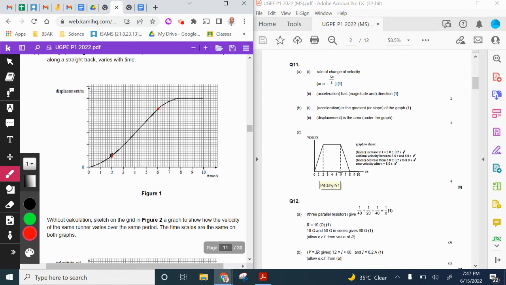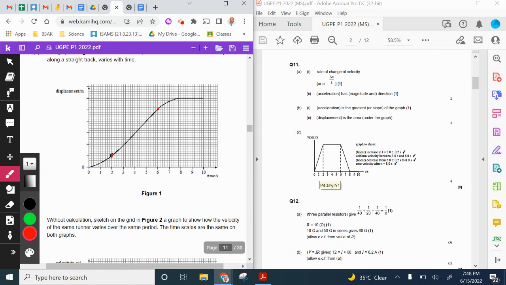Now we can see that the gradient is increasing, so it's sloping upwards. So if you do a tangent, you can see that the gradient is increasing, the steepness increases. So that means that if the gradient increases on a displacement time graph, the velocity increases. Now, do we know whether that increase is linear?